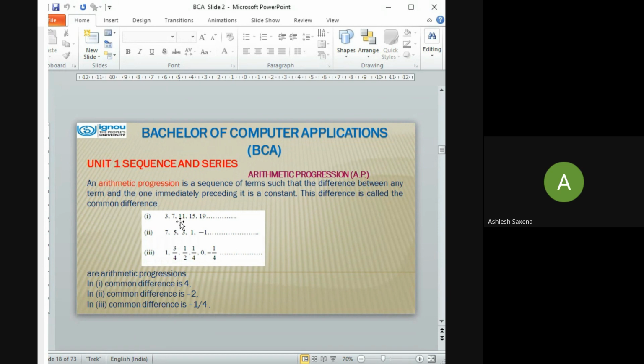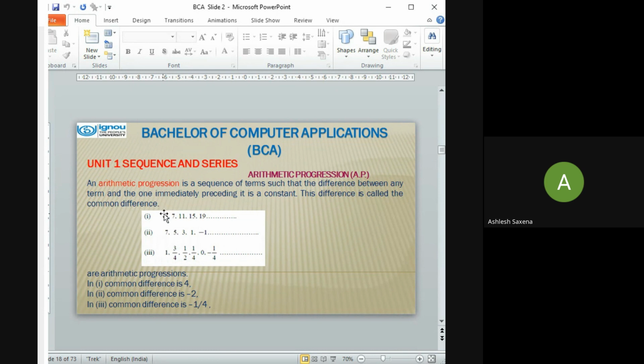Now see, wherever you subtract, this and this, and this and this, you will always get the same common difference. Throughout the series, the common difference will be the same.